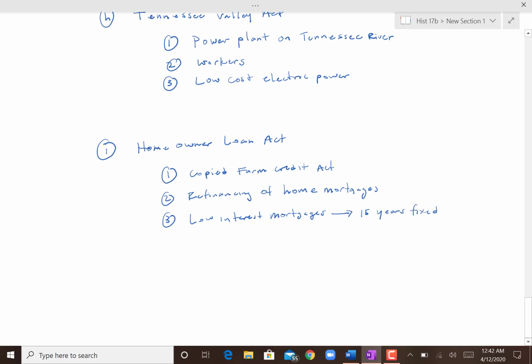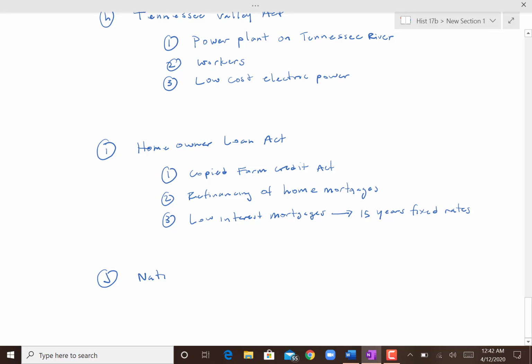This helped a lot of homes that people would have otherwise lost be able to keep and hold on to their home. It saved thousands of homes. So this one is the Non-Farm Mortgage Act for urban homes, right? Whereas the other one was specifically for farms.